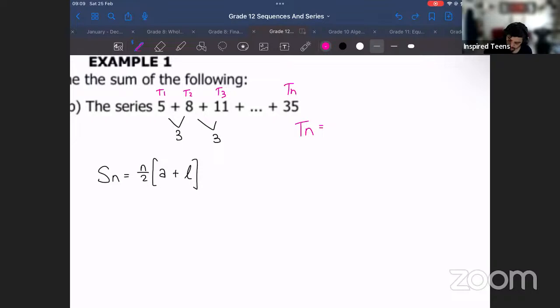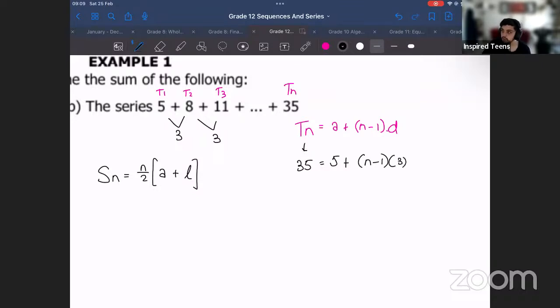So Tn is equal to a plus n minus 1 times the difference, right? Now remember, in this case, we are solving for n. We want to know which term number is 35. We know the value of Tn. 35 is equal to a, which is 5, plus n minus 1, and we are solving for n. The difference is 3.